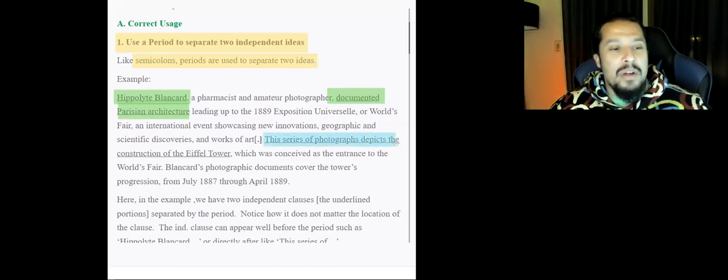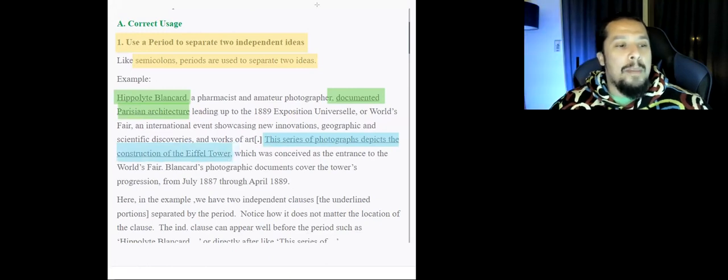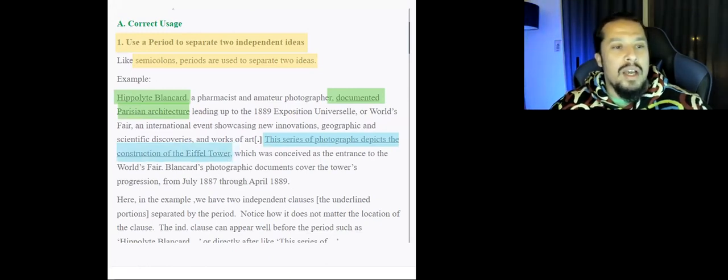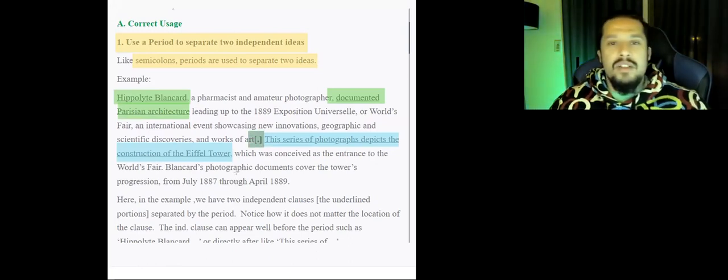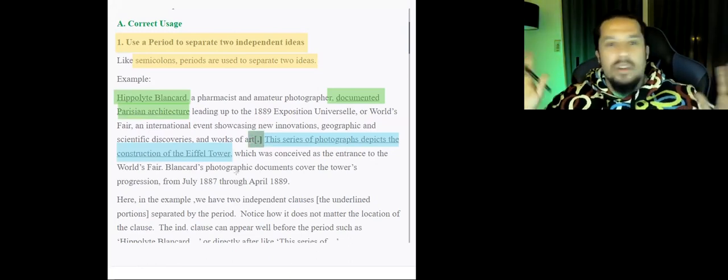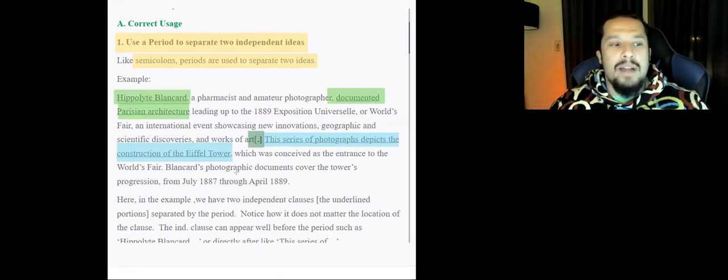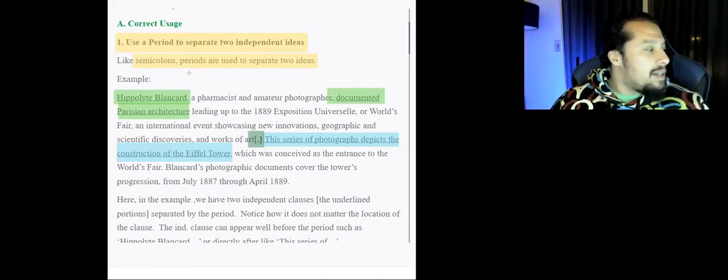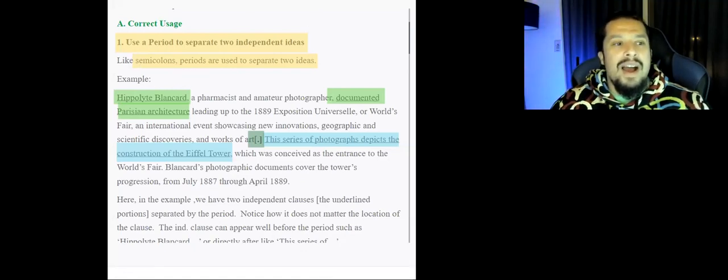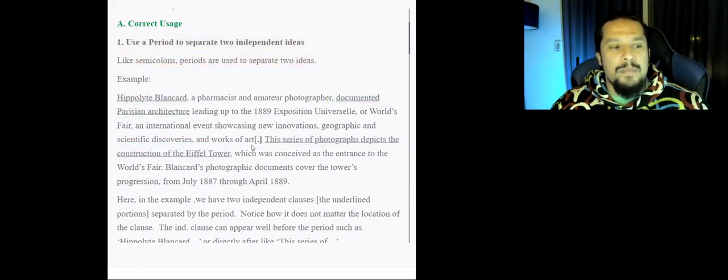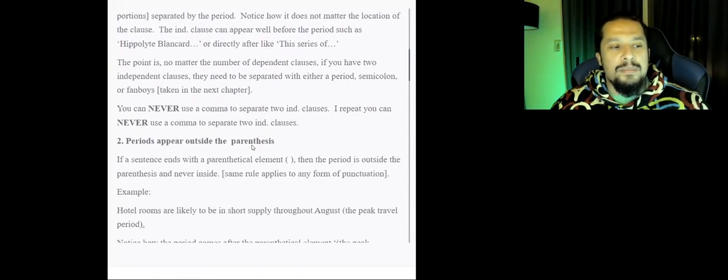The most important thing I want you to see is that we use a period between two independent ideas. The idea in green is independent, the blue one is independent. I think it's self-explanatory. Any questions here?